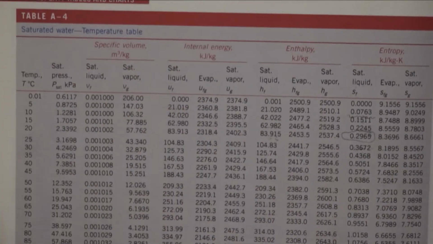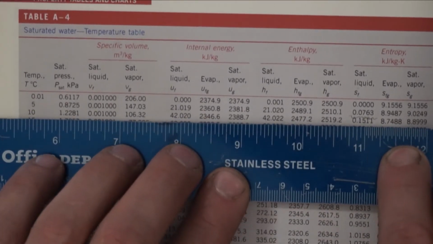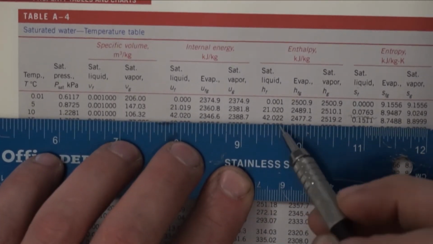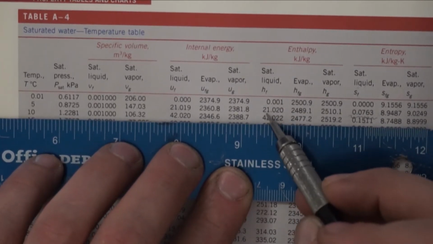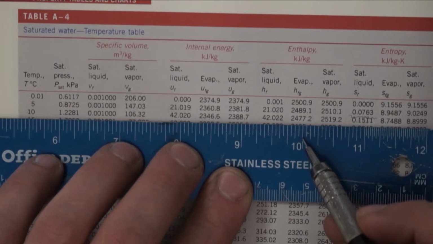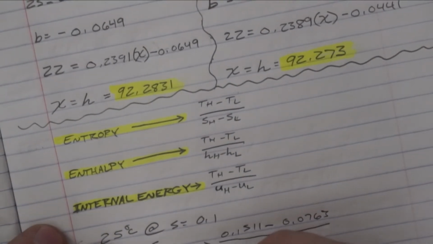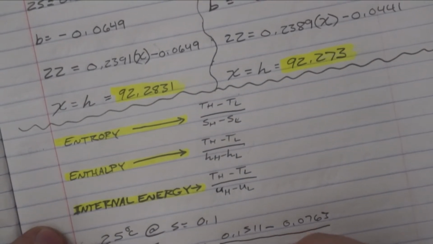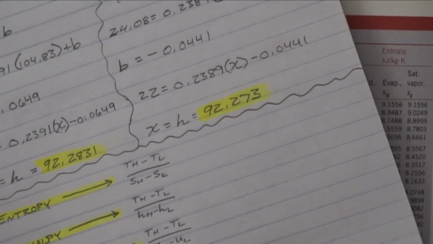So at that same point, we look over at our H values, which in this case is h_f because it's a liquid: 42.022 and the one right below it, 21.020, line up with those two. So we know what's in between there.